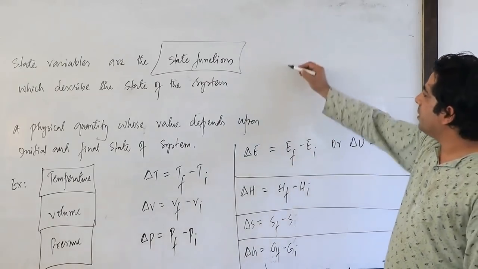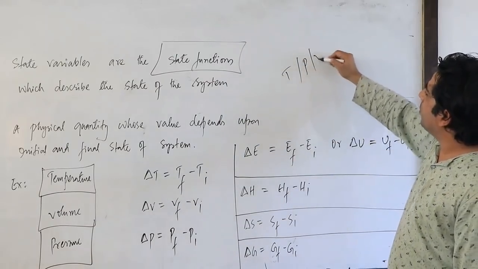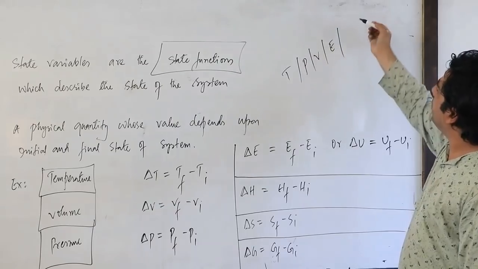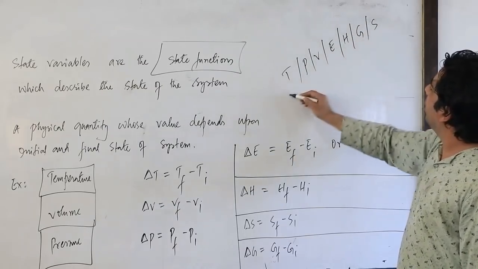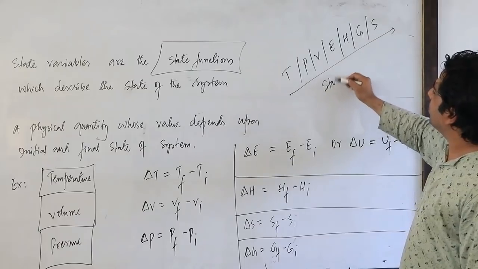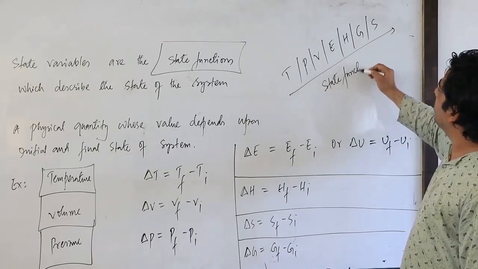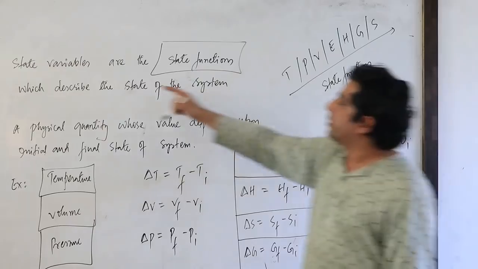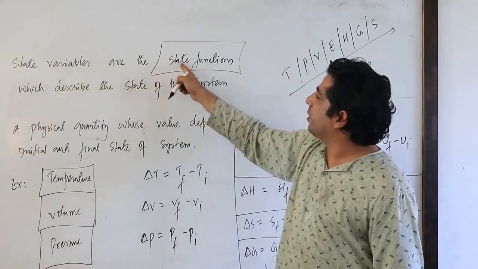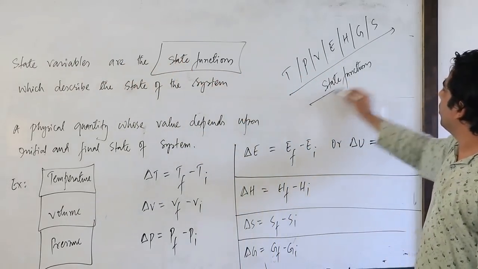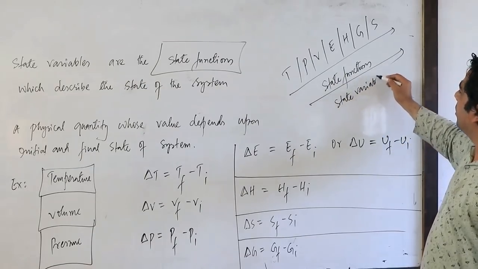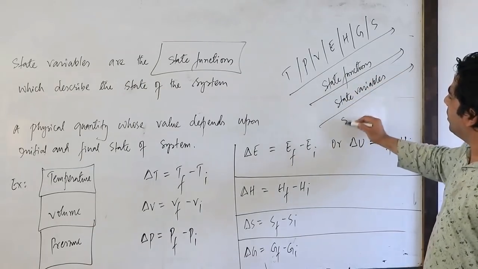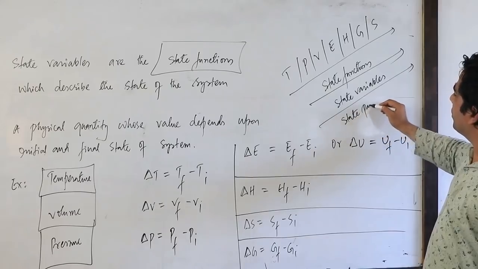So my dear friends, temperature, pressure, volume, internal energy, enthalpy, Gibbs free energy, entropy, all these are which functions? State functions. And you know that state variables are the state functions. So you can also call them state variables, and you can also call them state parameters.